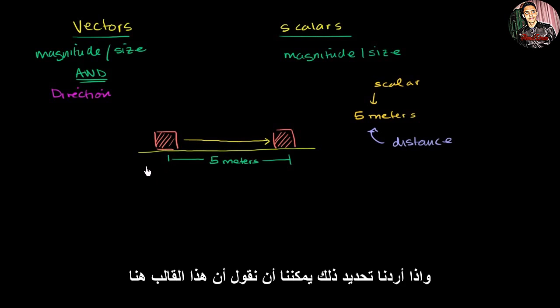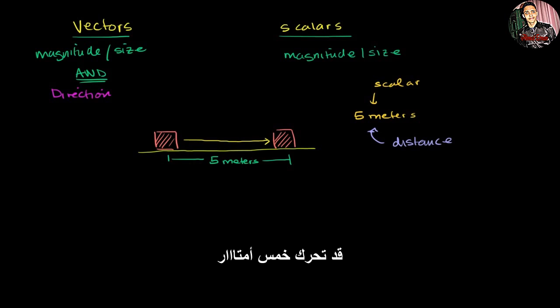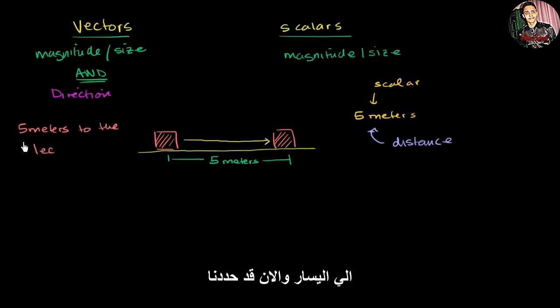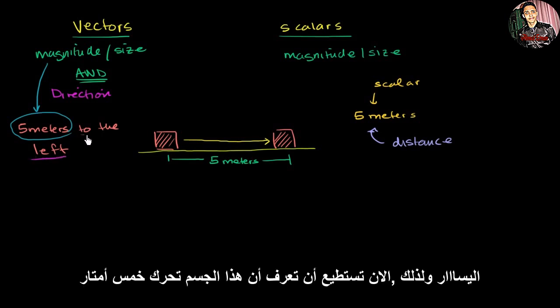If you want to specify that, we could say that this brick moved 5 meters to the left. Now we have specified a magnitude right over there. And we have specified a direction to the left.